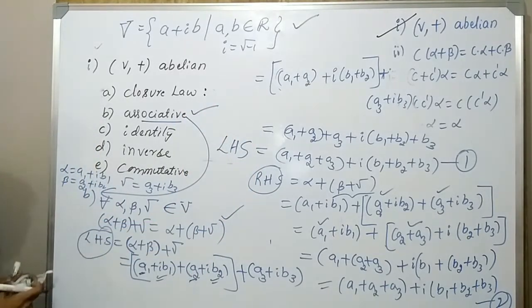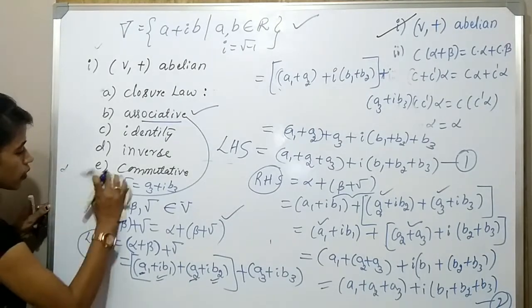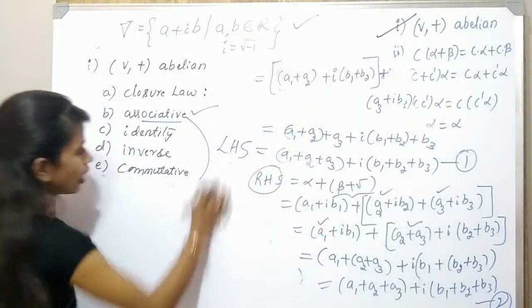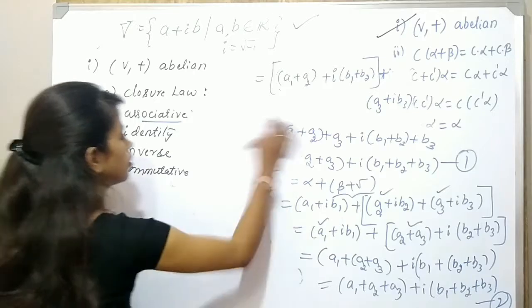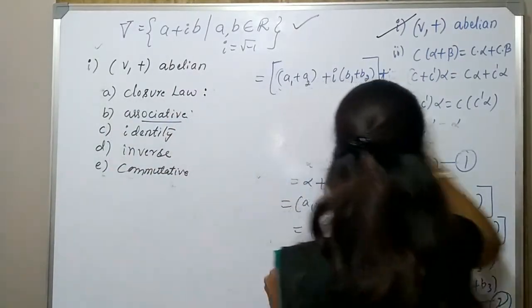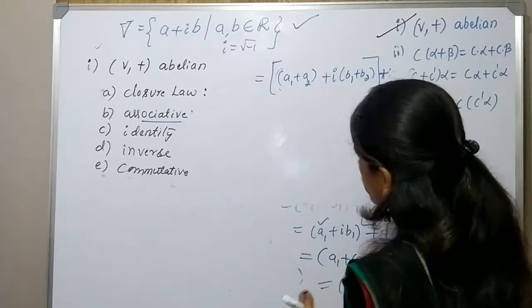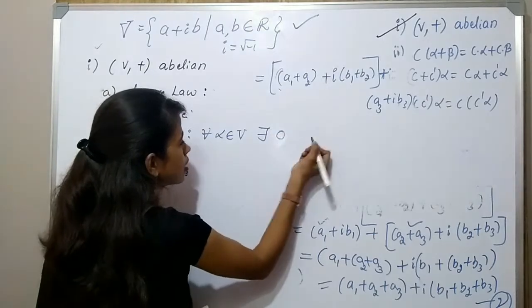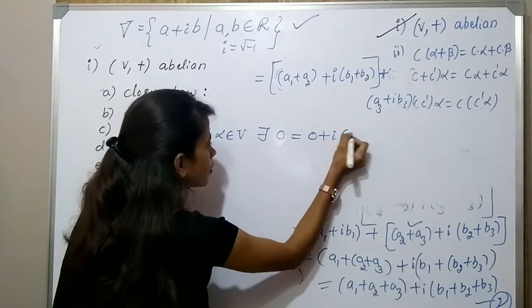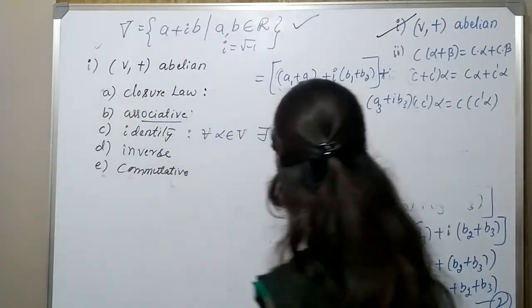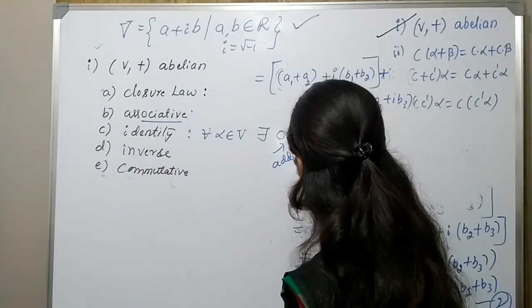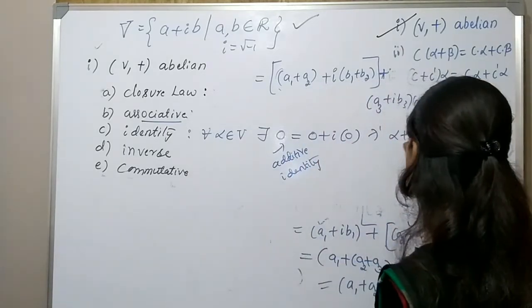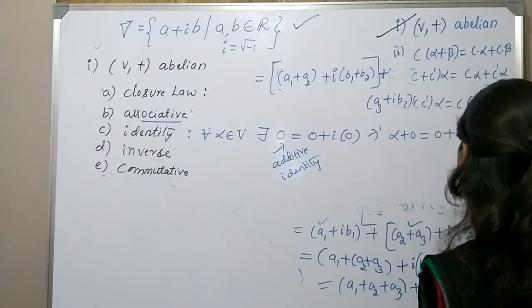Is it okay? Next, identity law. For the identity law, you just write one sentence. For all alpha belonging to V, there exists 0 plus i into 0, that is the additive identity, such that alpha plus 0 is equal to 0 plus alpha, which is equal to alpha.